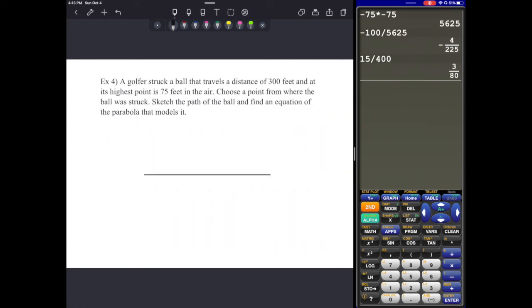So with this one, we have a couple options as well. You could either say that we are teeing off from (0, 0) and hitting it, and then it's ending wherever this point would be down here. Or you could throw your y-axis in the middle and do it that way, like we did with the first two. I'm going to do it this way and say this is (0, 0).